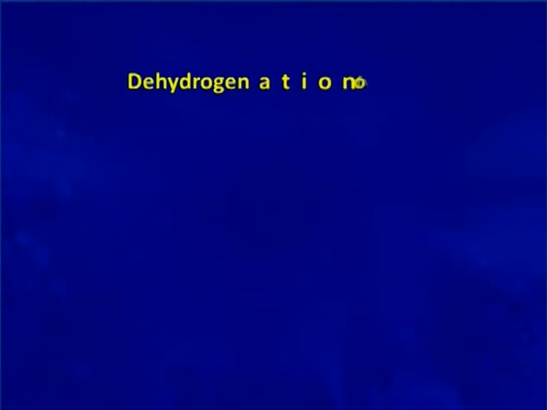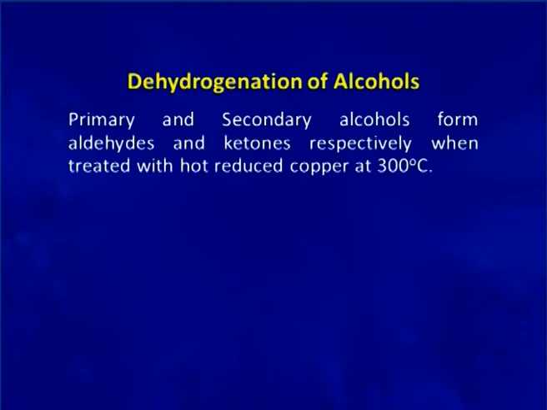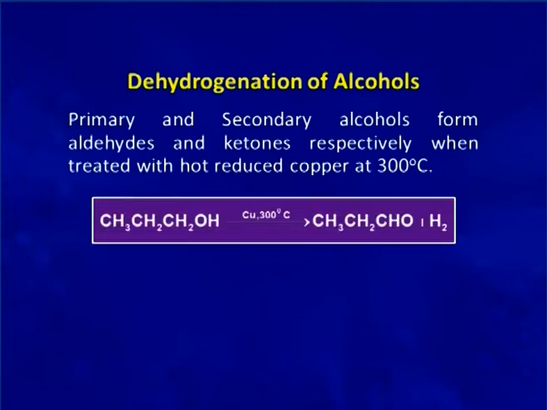We will now discuss dehydrogenation of alcohol. Dehydrogenation means removal of hydrogen from the molecule of alcohol. When hydrogen is removed from the molecule of alcohol, the resultant product is aldehyde or ketone. When this primary alcohol is treated with copper at high temperature, the product is an aldehyde.